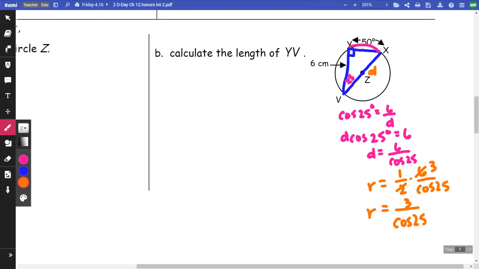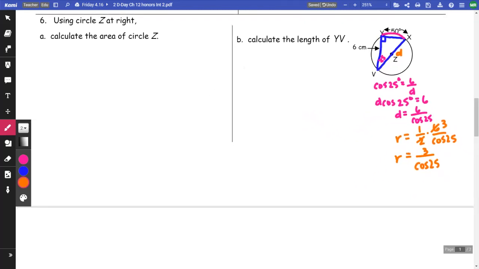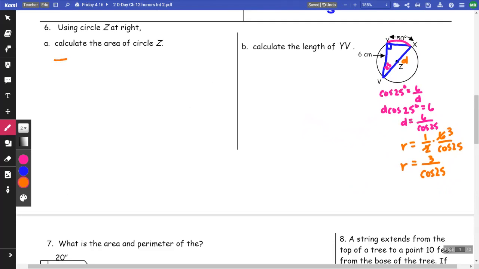Okay. So now I'm going to take that radius and use it to find the area. So area is pi r squared. So I'm going to get pi times 3 over cosine 25, squared.